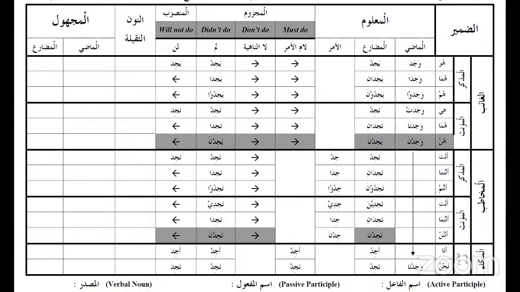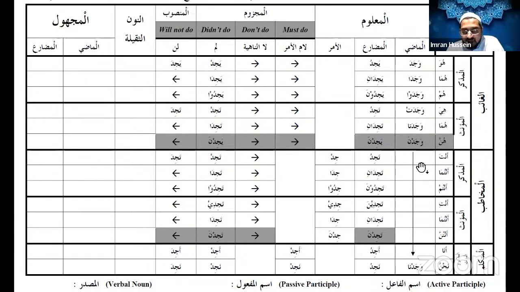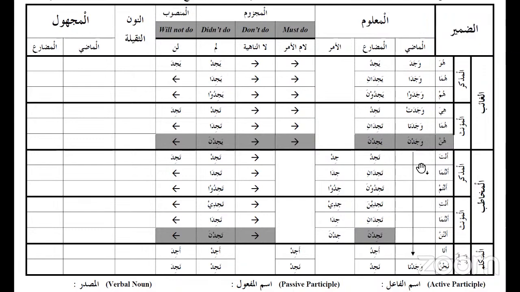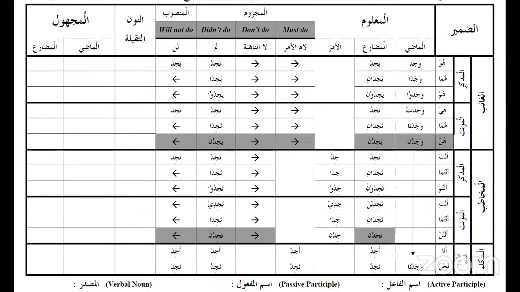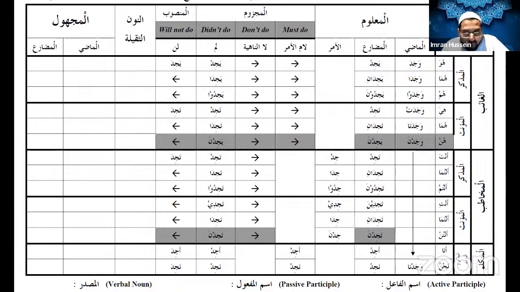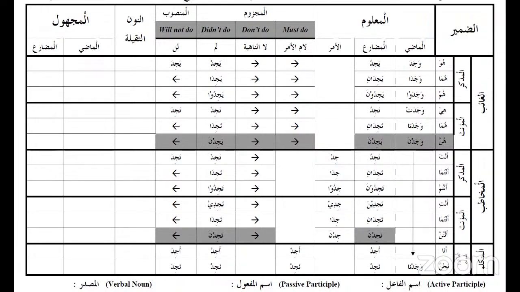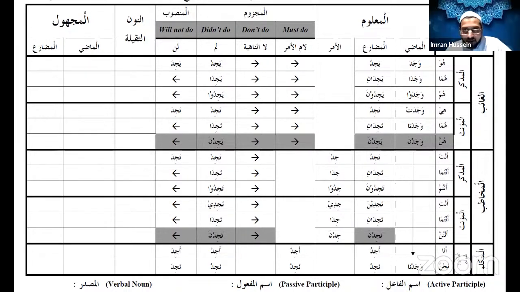No, you're right. You need to fill in the gaps. Wajadta, wajadtuma, wajadtum, wajadti, wajadtuma, wajadtunna, wajadtu, wajadna. MashaAllah. Ahsanti. Now the present tense is going to be yajidu.